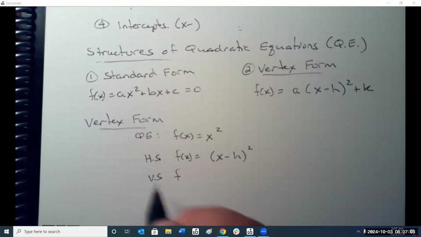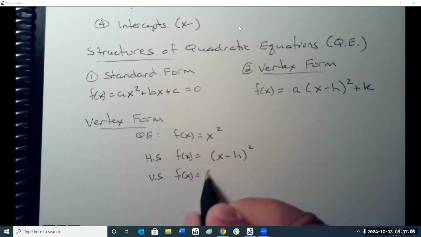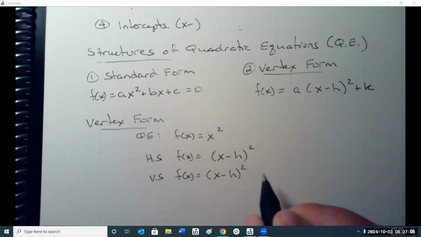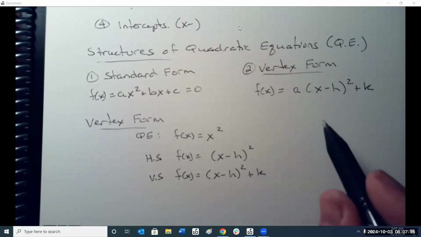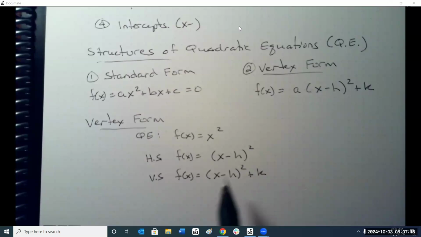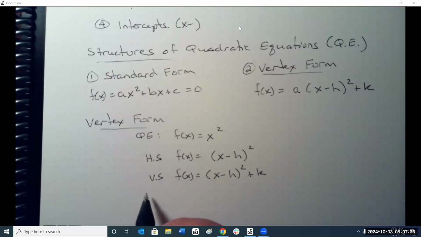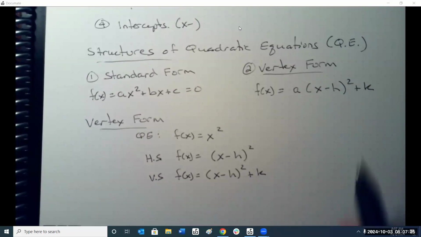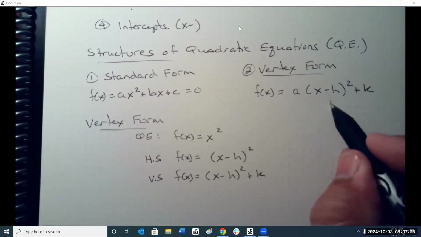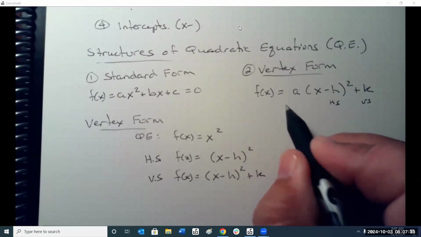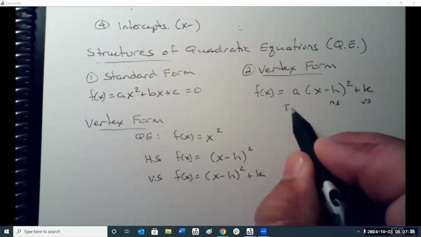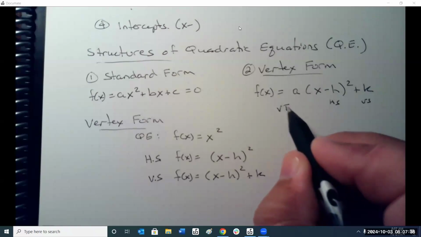Then we have the vertical shift, which is outside the function. So far, what we've done, we've taken the origin and moved it to this new place. And then the last part, we have the horizontal shift, we have the vertical shift, and then we have the vertical transformation.